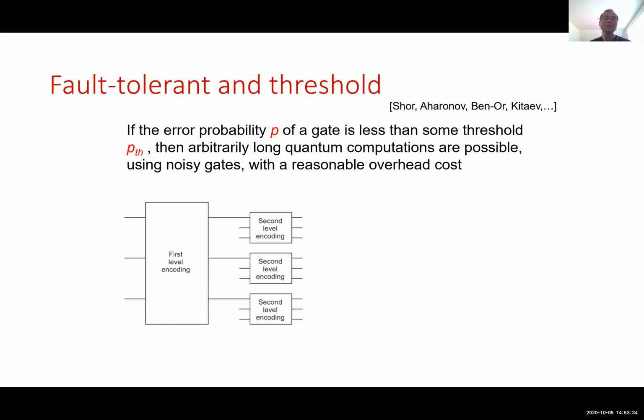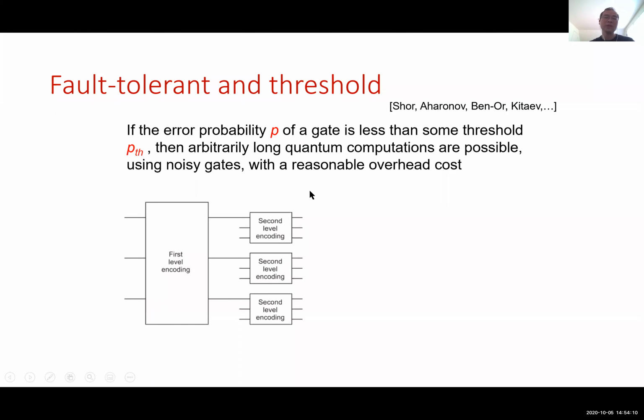But probably the most important thing in quantum error correction is that even though we have errors in gates, in state preparation, in measurement, it is really important to know that if the error probability of these is less than some threshold, and this threshold is non-zero, then by using error correction you can run an arbitrarily long circuit.